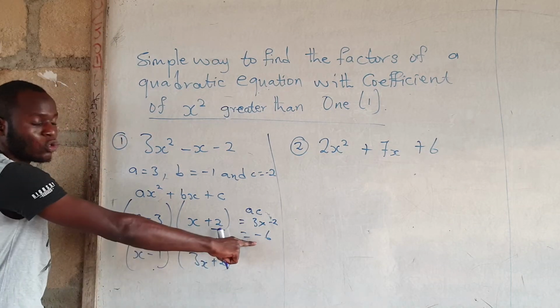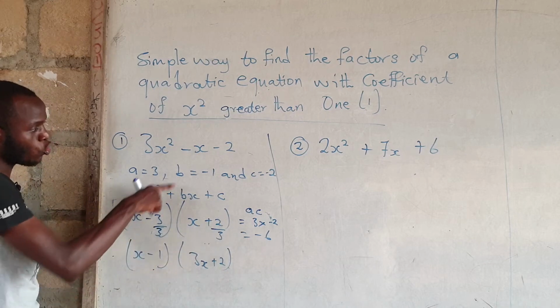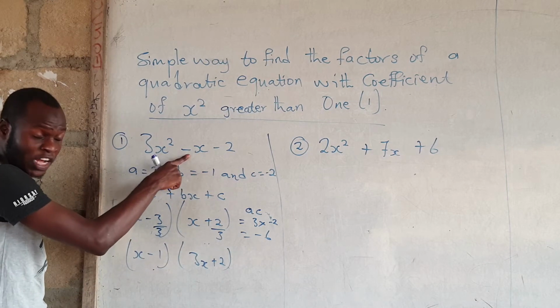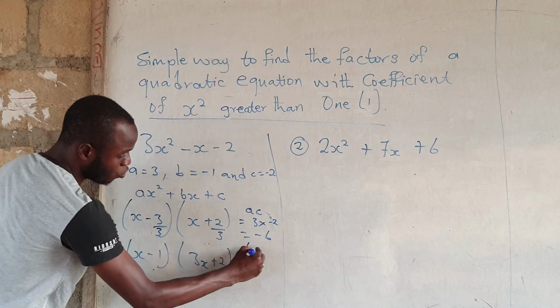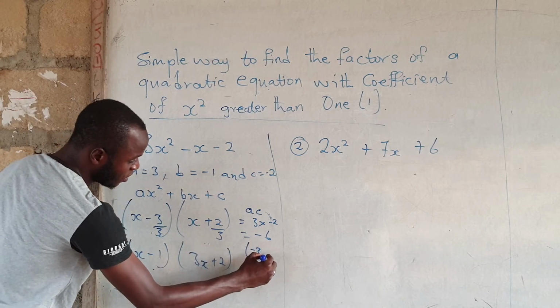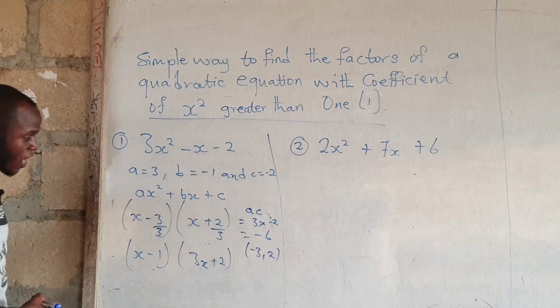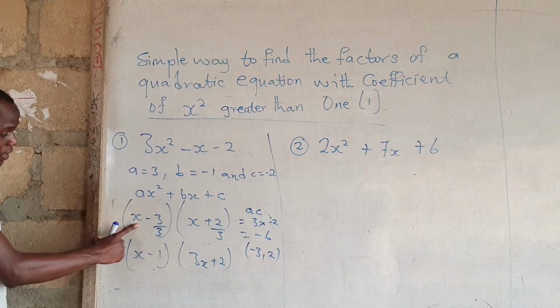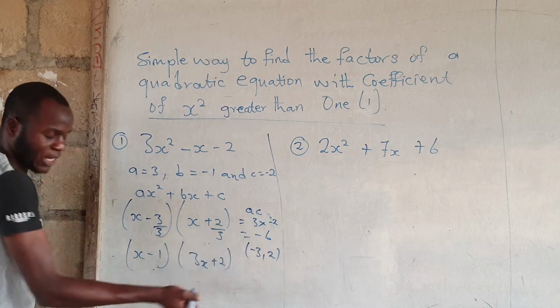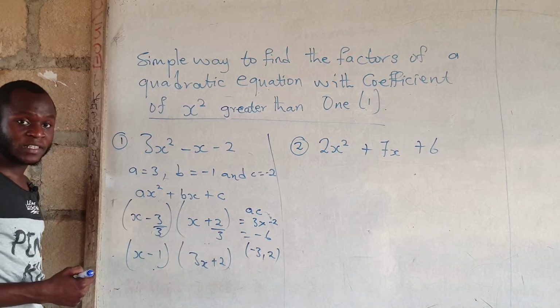Then you look for factors of -6 which, when you add, give the coefficient of x in the original equation, and when you multiply, give the -6. So the factors will be -3 and +2. Now you open up a bracket, and you write x minus the first number or the second number, whichever you choose. You end up getting the same answer.